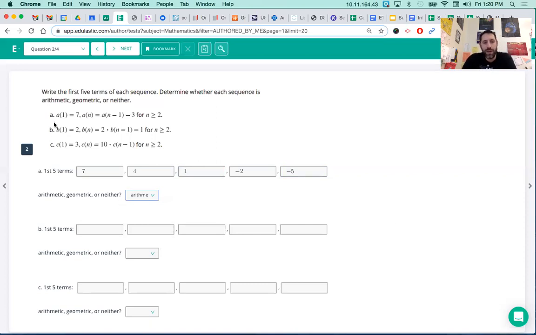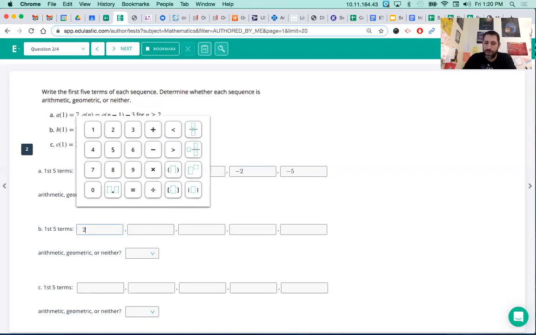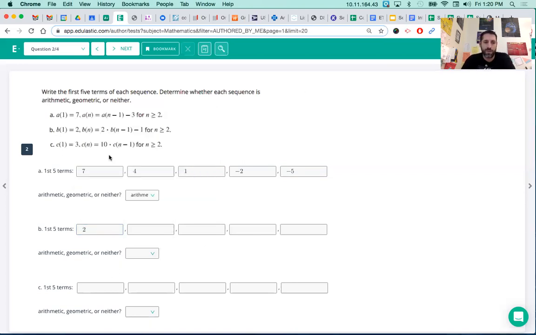In b of 1, our starting point equals 2. So we're going to start with 2. The first term, which is what that 1 means next to the b, gives us a solution of 2. Well, what are we going to do from there? It looks like our next term equals 2 times our previous term minus 1. So you've got to be careful.